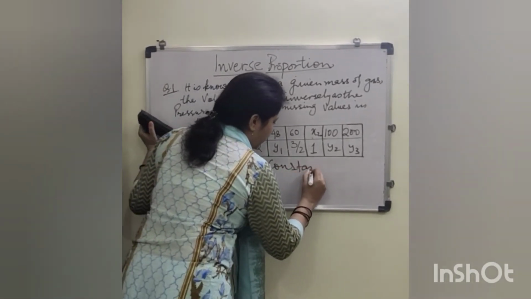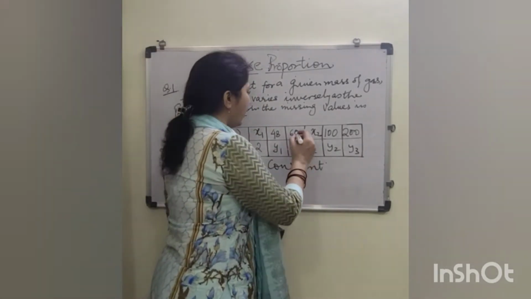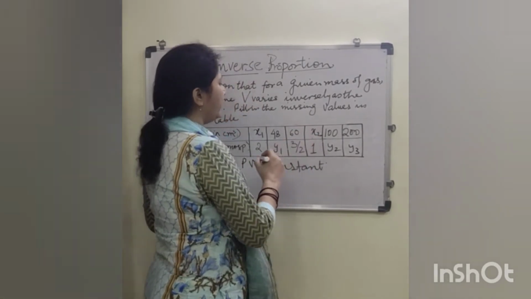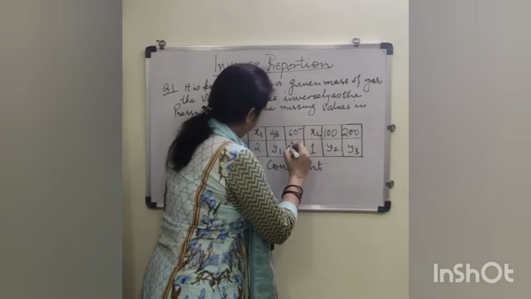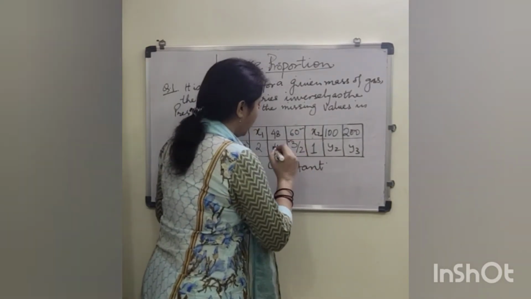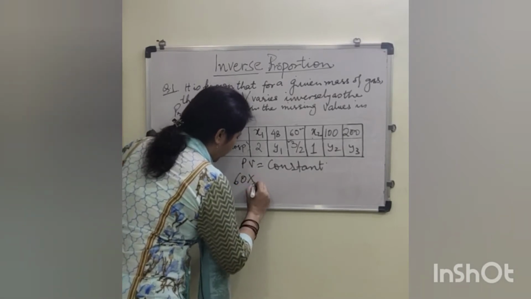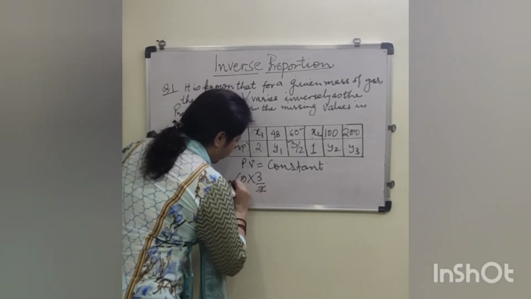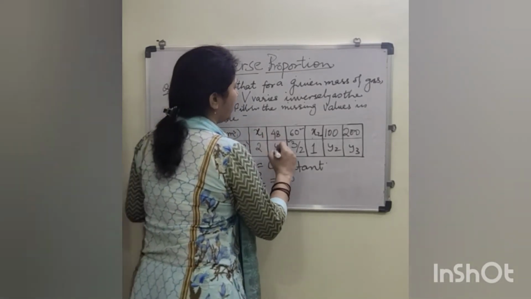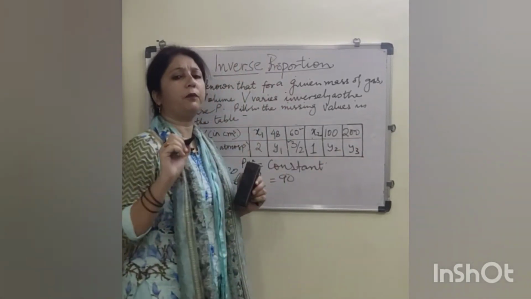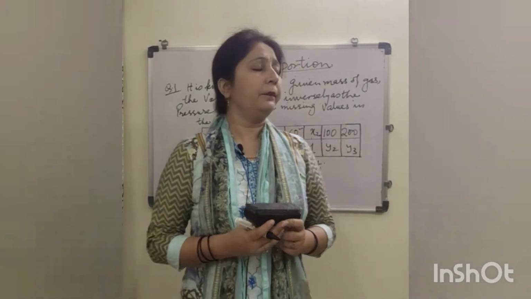We look for the column where both values are given, that means P as well as V. Here we have 60 as V and 3/2 as P. So we find 60 into 3/2, that is 90. Each product containing a variable must be equal to 90.